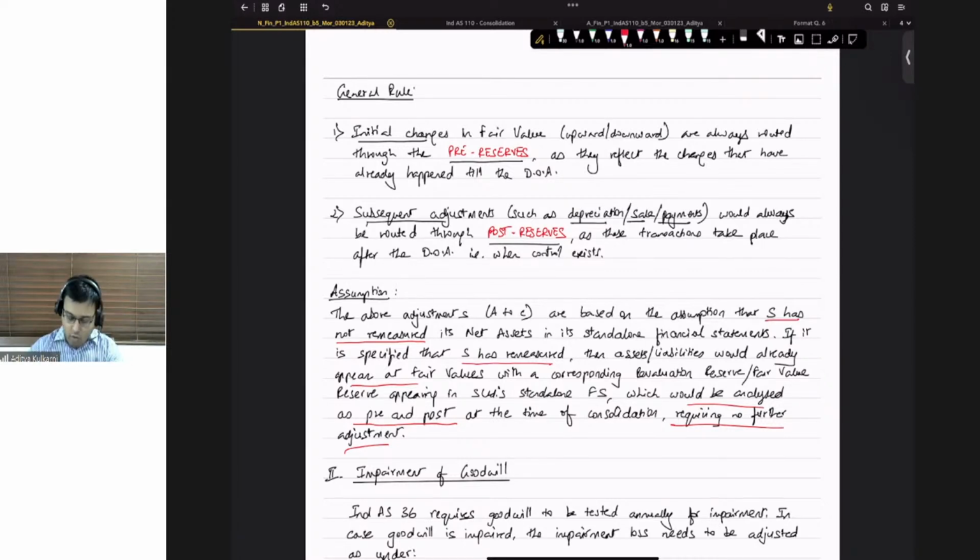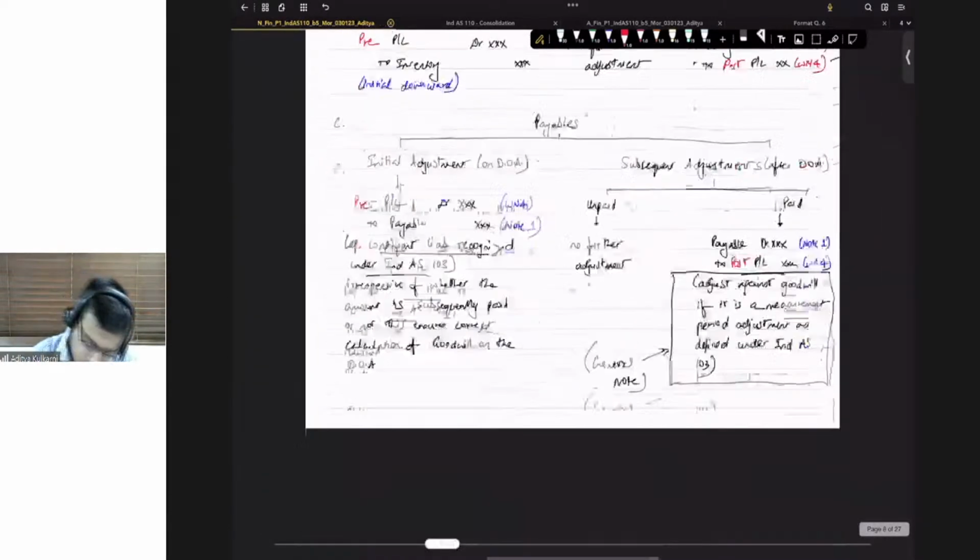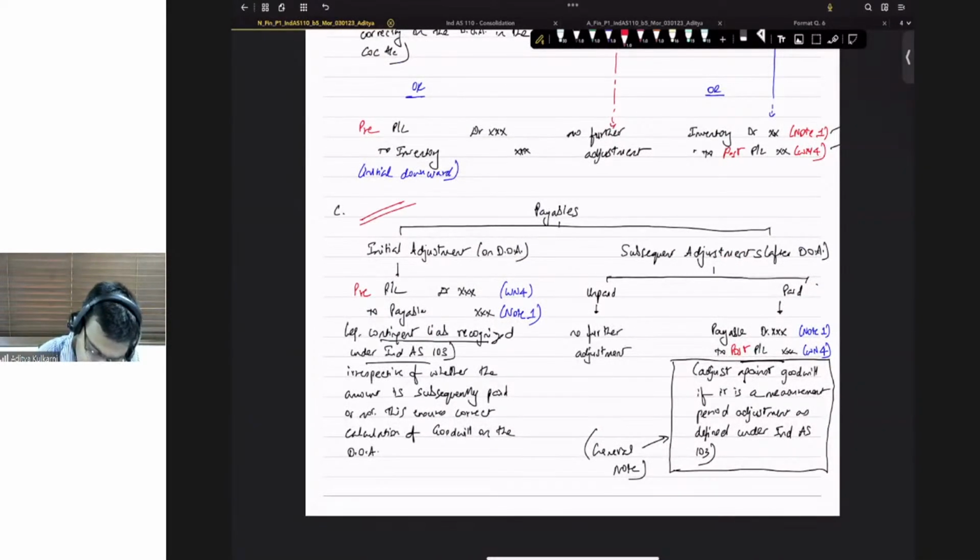Okay, what I want you to do is draw a similar chart for payables the way we had done for inventories and understand this concept. I leave you with some homework always because I want you to put in equal efforts the way we are putting in. Then only the output will be maximized.